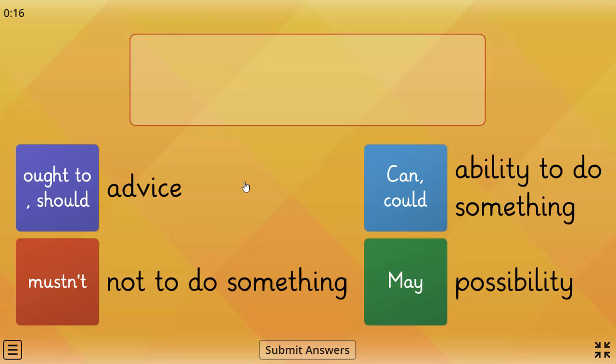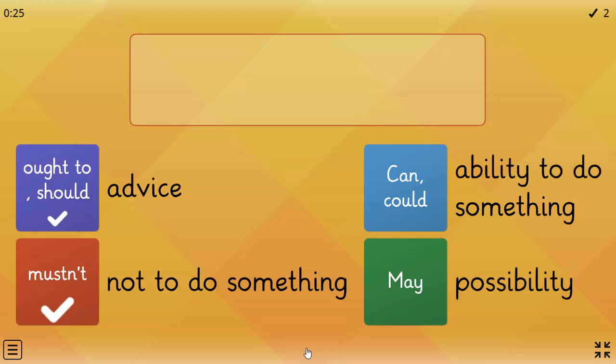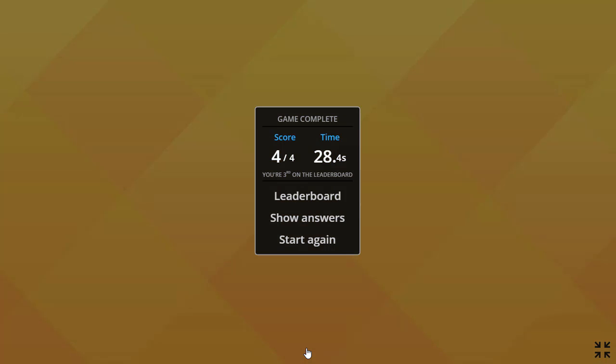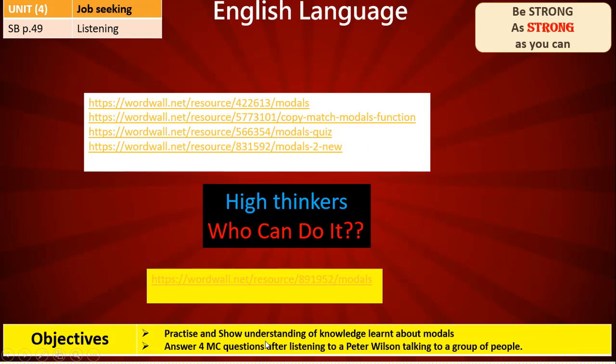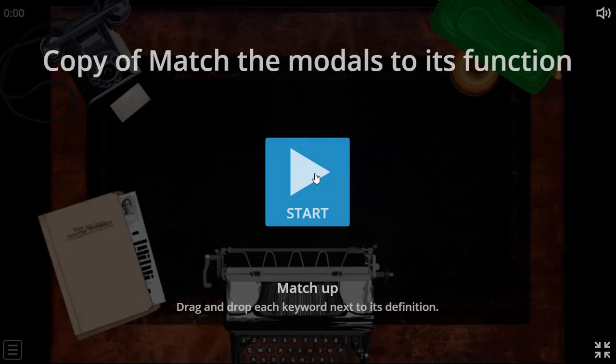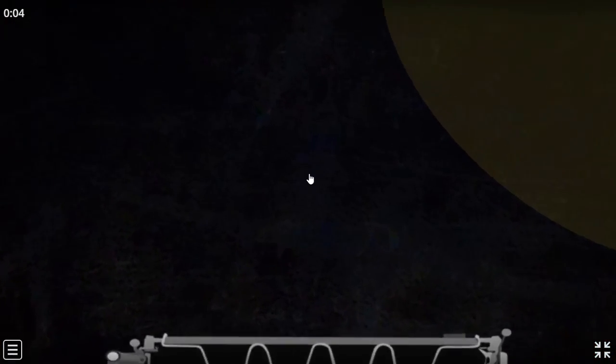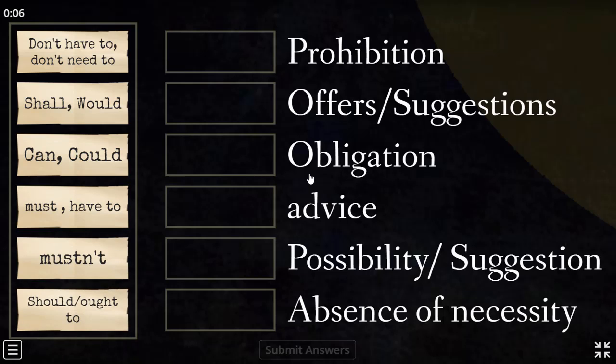Let's verify now whether you did it correctly and whether you are brave men. Wow, great. Perfect. 4 answers. And to the second game. Let's start. What is it doing? What are we talking about?